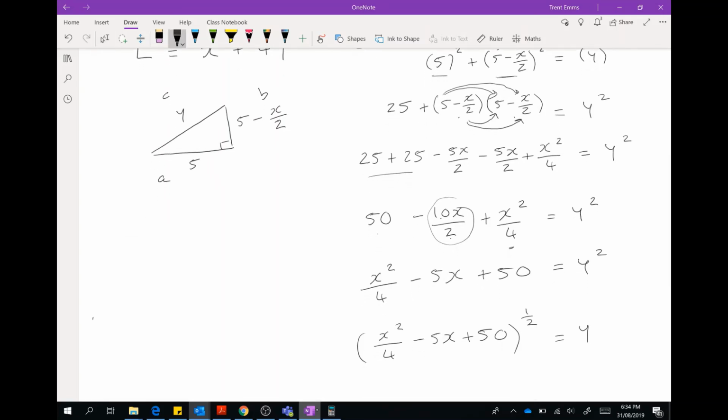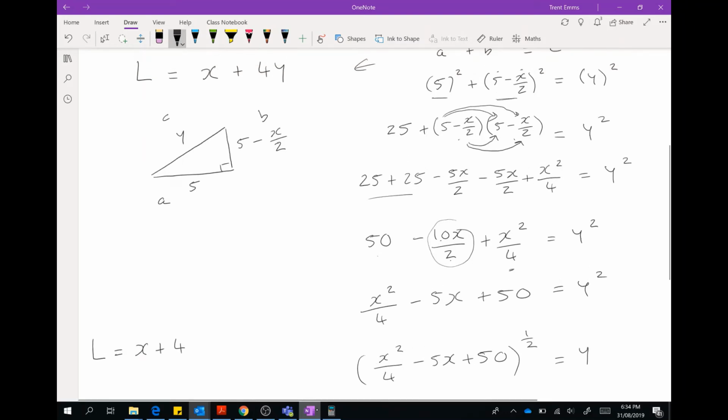So our length of our wire is going to be x plus 4 lots of y from up here, and that y can be replaced with all of this, x squared over 4 minus 5x plus 50, all to the power of 1/2.